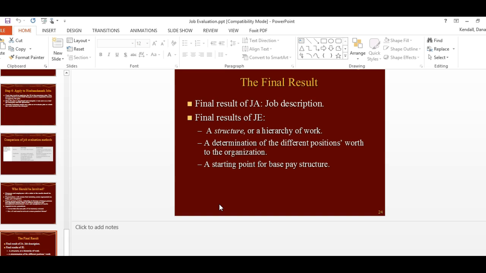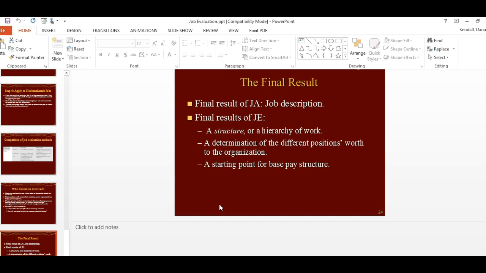We get a starting point for base pay structure, and basically we get something that people are going to be referring to over time in order to make decisions about people's pay and promotion. And these are important matters to at least have some idea of how it's done and the different decision points along the way in the process.